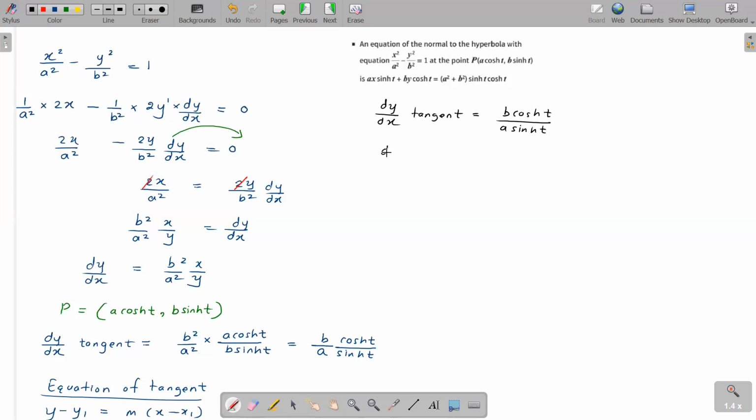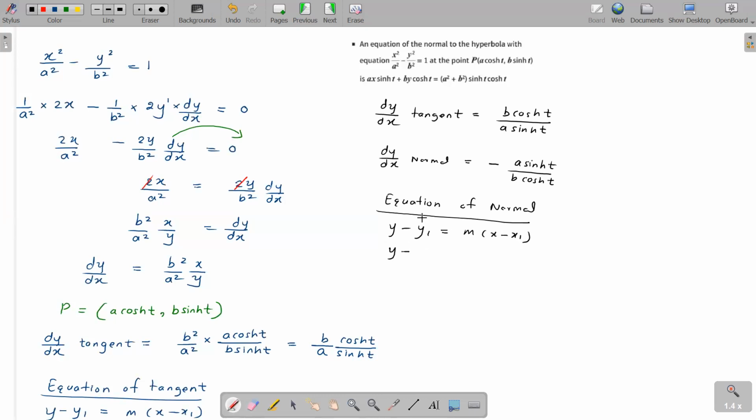So then what will be the dy by dx or the gradient for the normal? Reciprocal and change the sign. So this is minus, I get a sin t over b cos t. Right, then let's get the equation of the normal. Equation of normal, y minus y1 equals gradient times x minus x1.